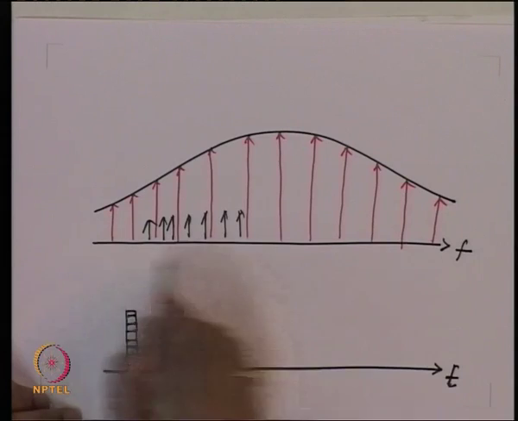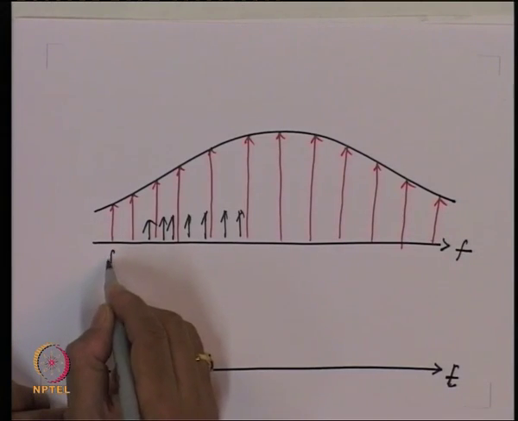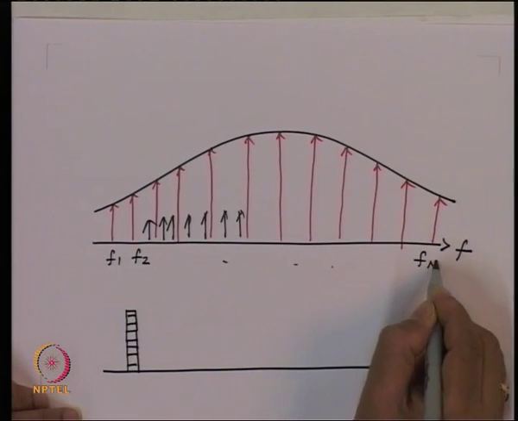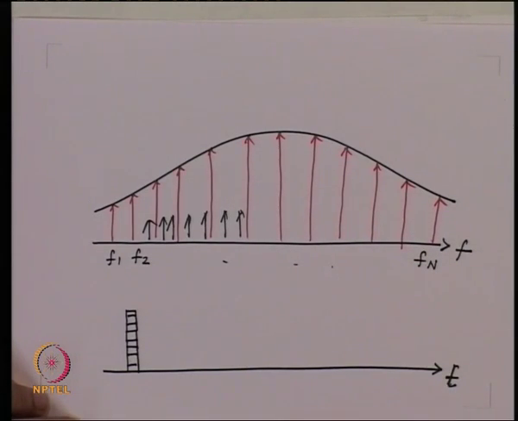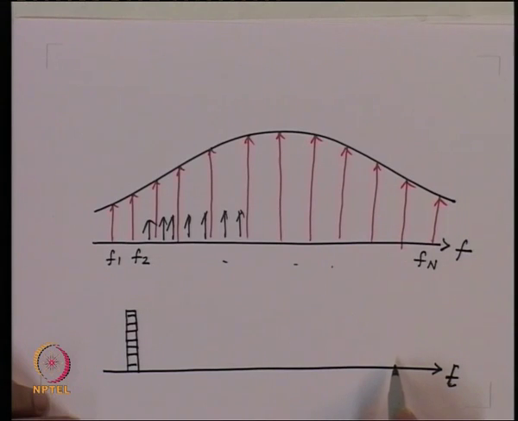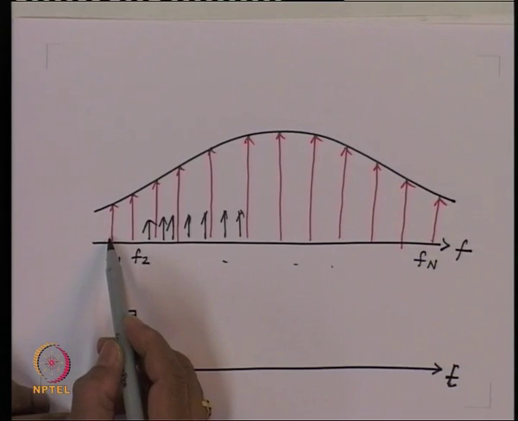So let us say if I number these frequencies from F1, F2 up to, let us say, some Fn, the pulse riding on Fn will travel more distance because it is traveling faster compared to the pulse riding on frequency F1.